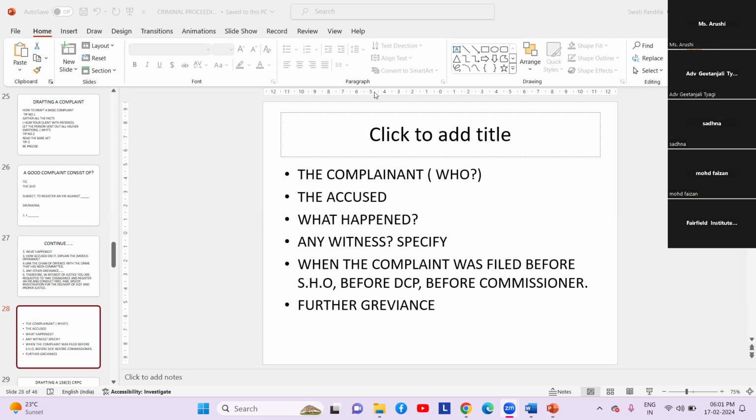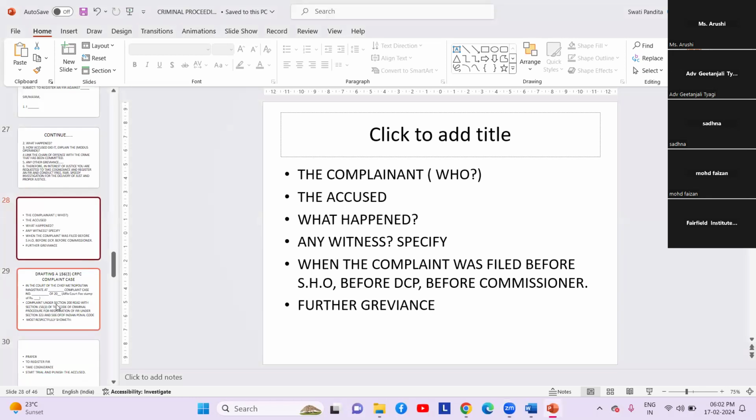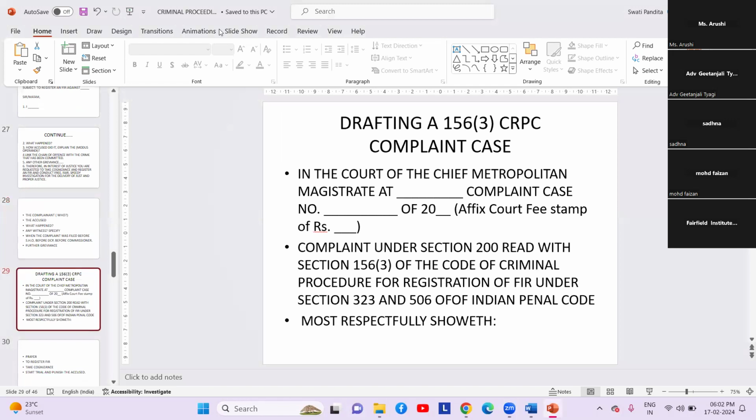Your remedy is that now you will go to the deputy commissioner, give him the complaint, and will take his receiving. He will ask the SHO to investigate, to do the thorough investigation again. Then he will give his report to the DCP. This is how they deal.